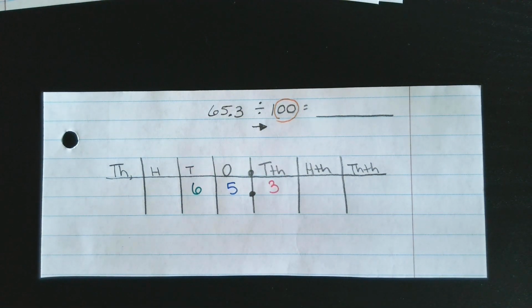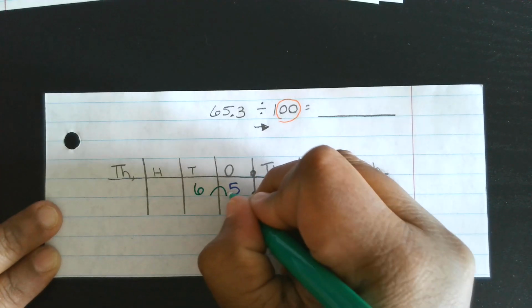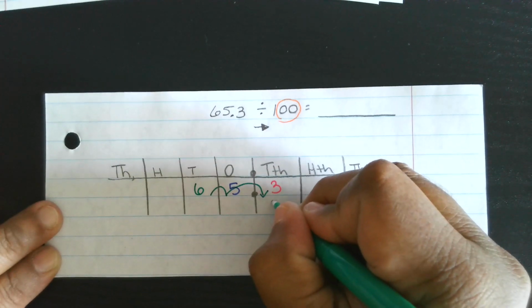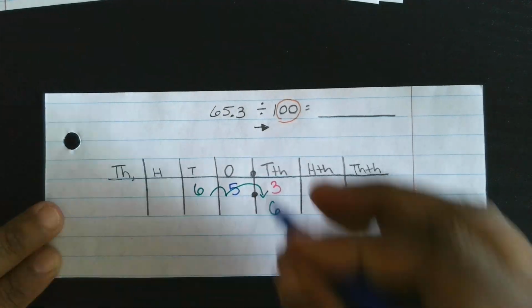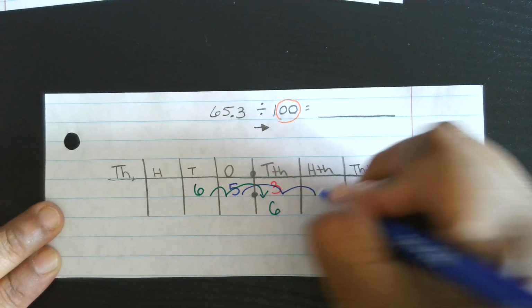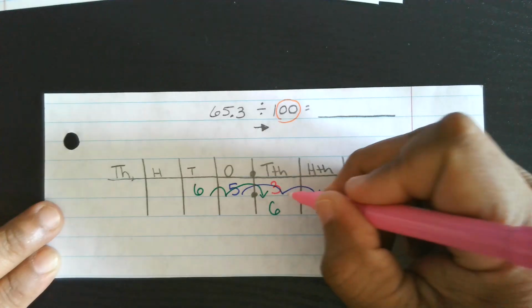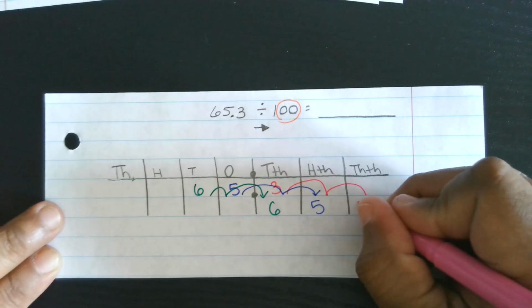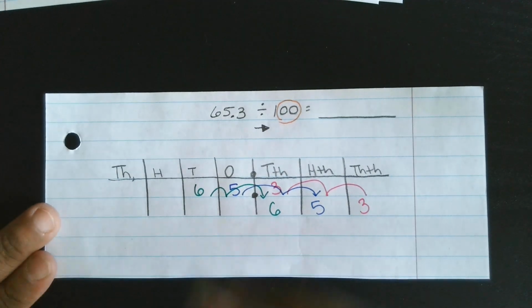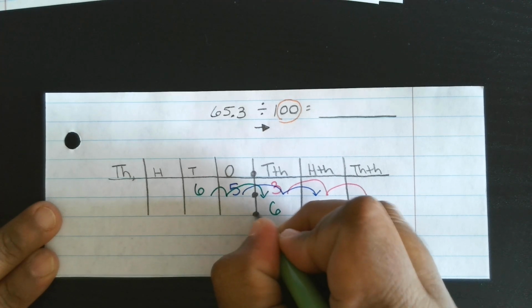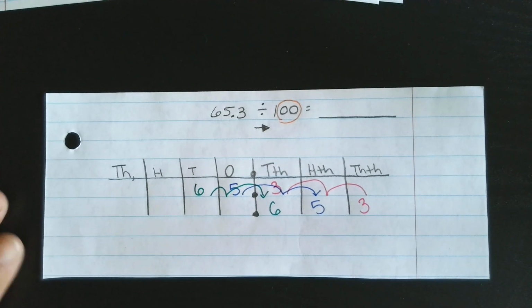So I'm going to take each digit and move it to the right 2 times. So 1, 2. So 65 and 3/10 divided by 100 gives me 653 thousandths.